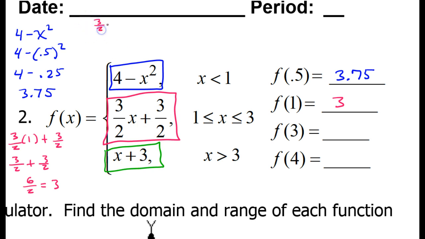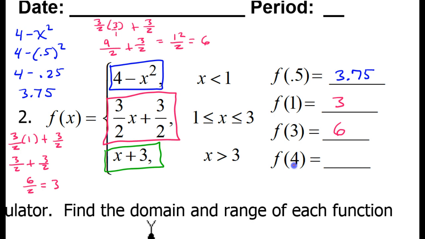So this will be 3 over 2 times 3 plus 3 over 2. Now remember, this is like 3 over 1. So this is going to make 9 over 2 plus 3 over 2, which equals 12 over 2, which equals 6.